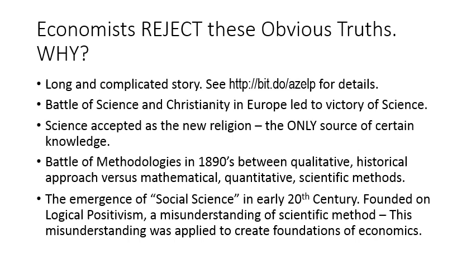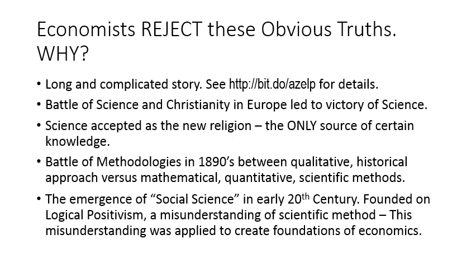But very briefly, there was a battle of science and Christianity in Europe, and this battle led to the victory of science. So in Europe, science became accepted as the new religion, which means that it was regarded to be the only source of certain knowledge. In the late 19th century, a battle of methodologies took place between the natural approach to economics, which is based on qualitative and historical methods, and this was replaced by mathematical, quantitative, and so-called scientific methods.